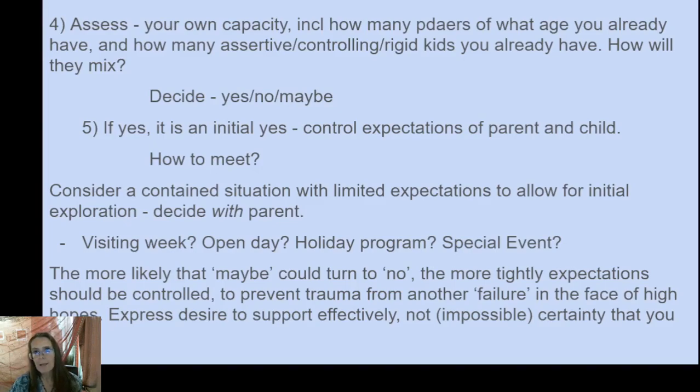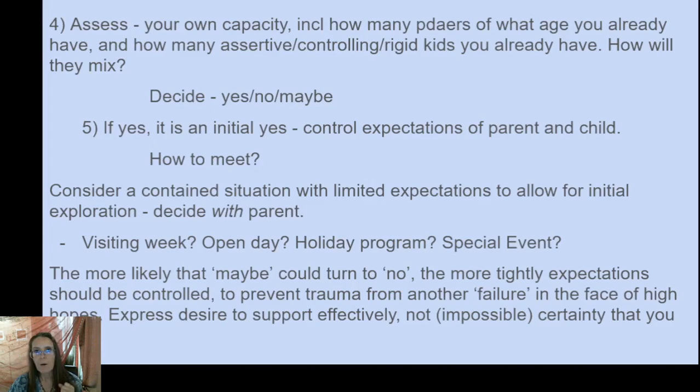Because the more likely it is that maybe could turn to a no, according to your initial explorations, the more tightly those expectations should be controlled to prevent trauma from another failure in the face of high hopes. So the PDA kid really, really wants a place to come to. They've got a very high desire that this works out.